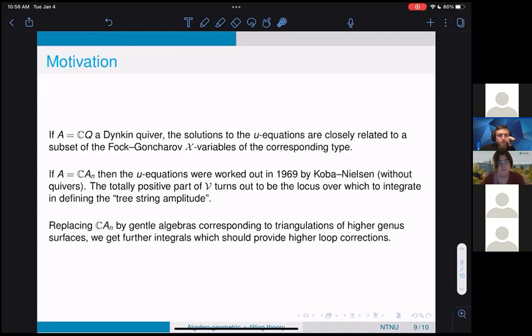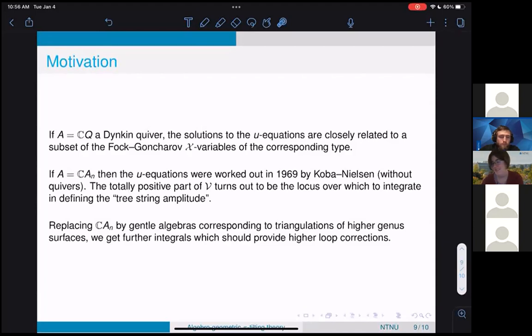In particular for this motivation, which I'm going to just say a word about before I end, these equations were written down in 1969, and for the A_n case, it turns out that the region where all the U's are positive is the region which you need to integrate over to get the so-called tree string amplitude.